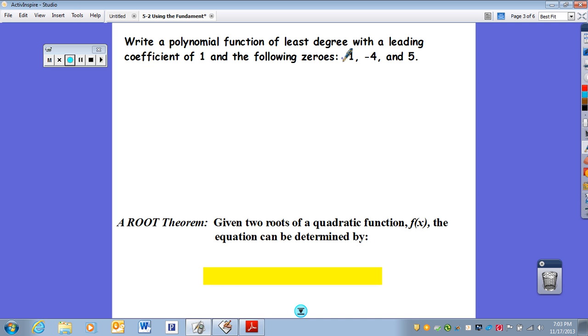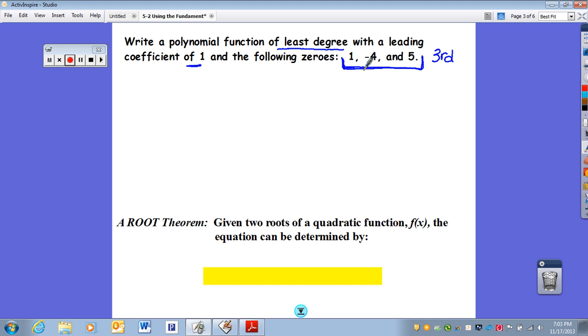First of all, we know that there are 3 solutions, and so therefore when we rewrite these as a polynomial, we know that it's going to be to the 3rd degree. It could be even to a higher degree because some of these may actually be double roots, but we are asked to write the polynomial of the least degree. So if there are 3 roots or 3 zeros, we will go to the 3rd degree, and we want the leading coefficient to be 1.